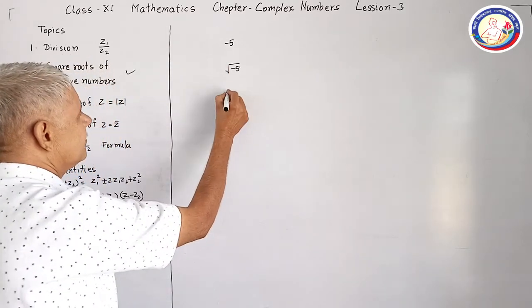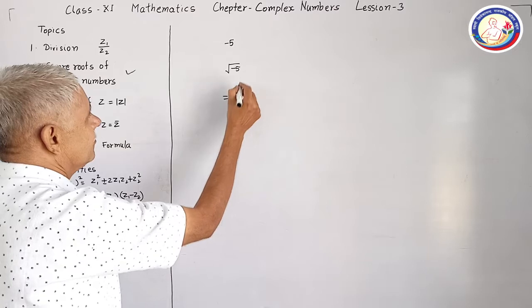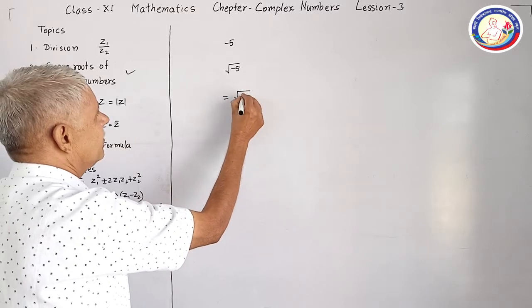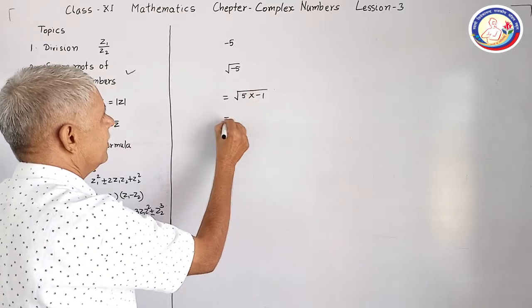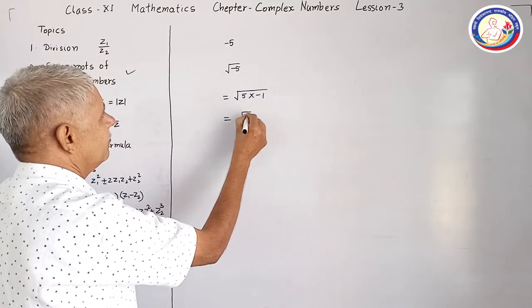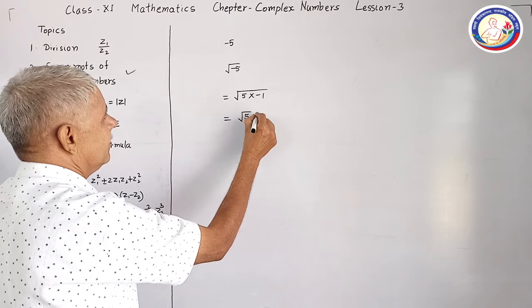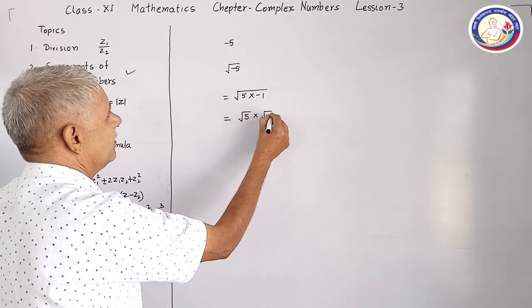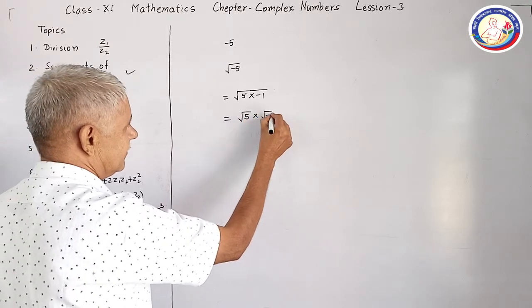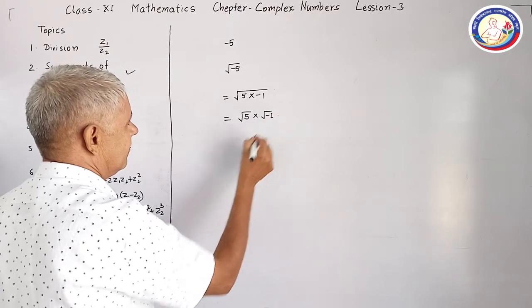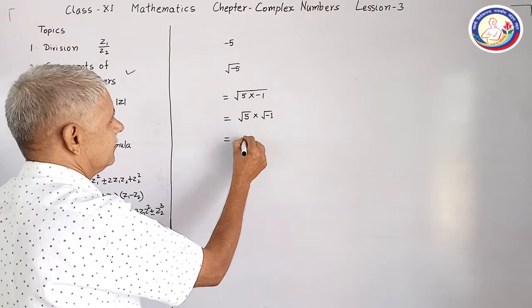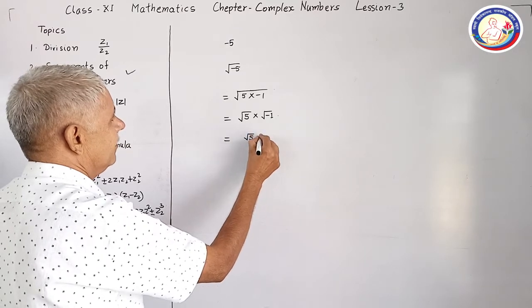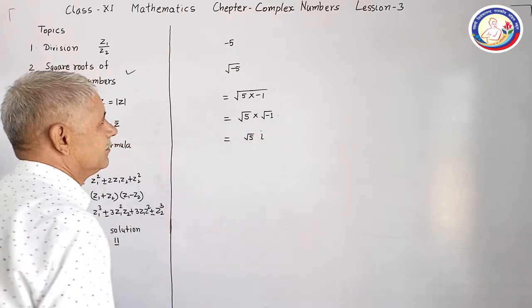For this we change it into a product of two numbers, say 5 into minus 1. That can be written as square root of 5 into square root of minus 1, or square root of 5 into iota.